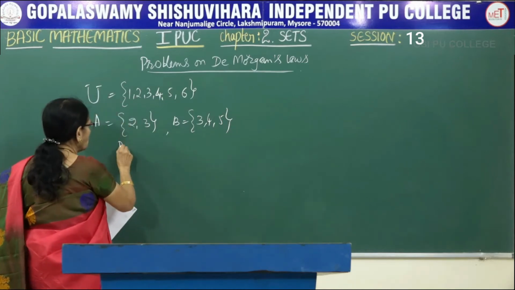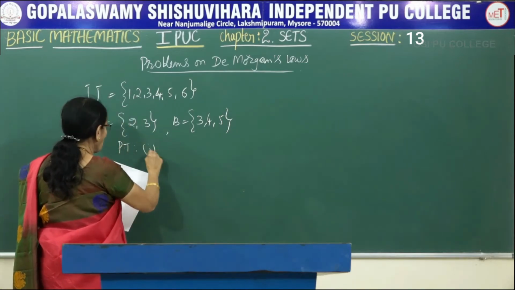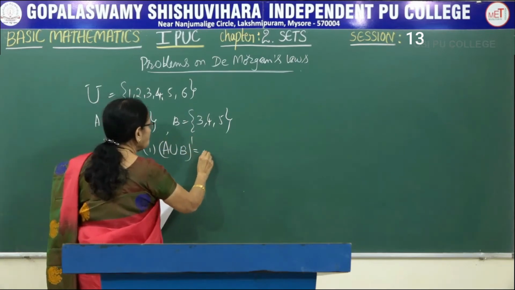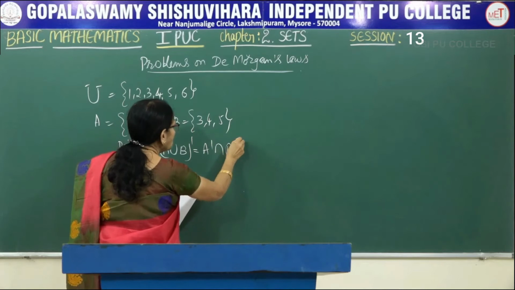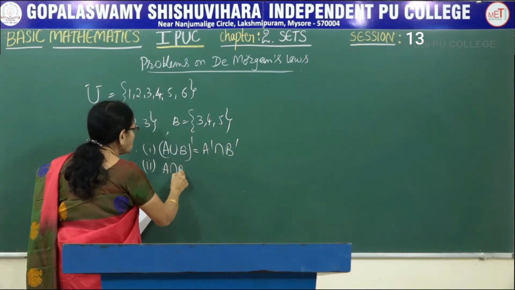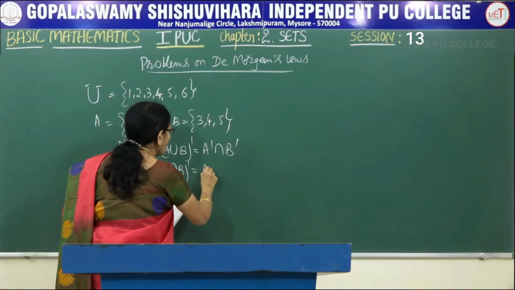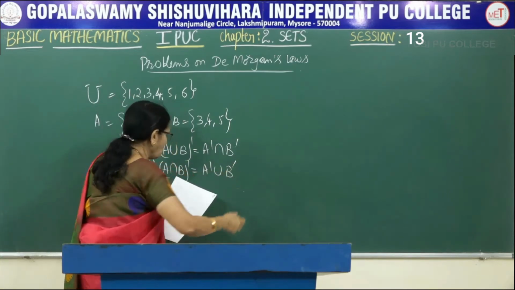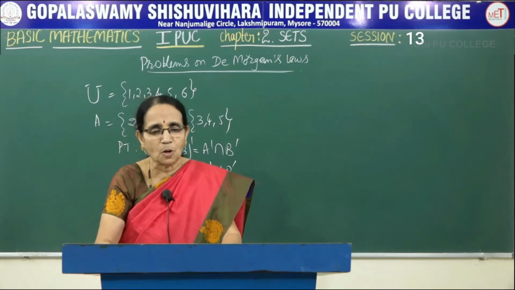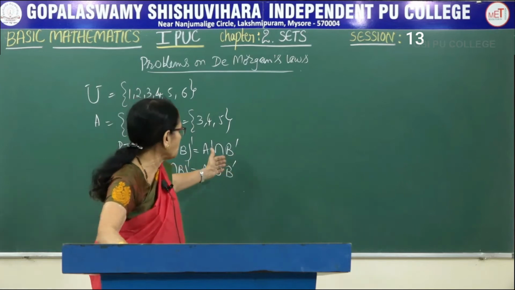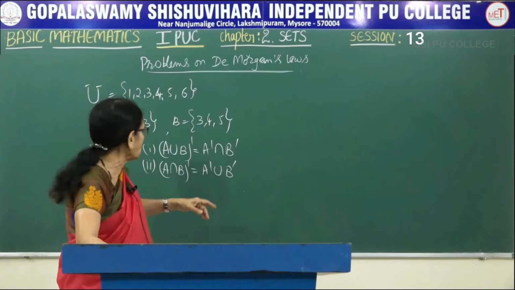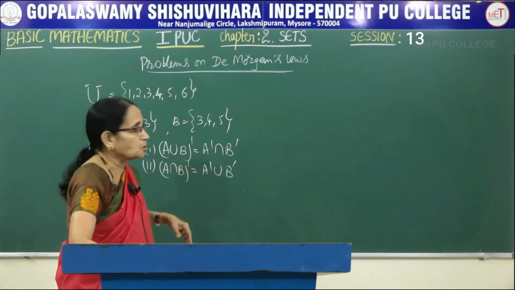You have to prove, first, (A union B) whole dash equals A dash intersection B dash, and second, (A intersection B) whole dash is A dash union B dash. Both of them will not be asked in the problem. Any one of them, either the first or the second, can be expected, because each is for a 3-mark question.